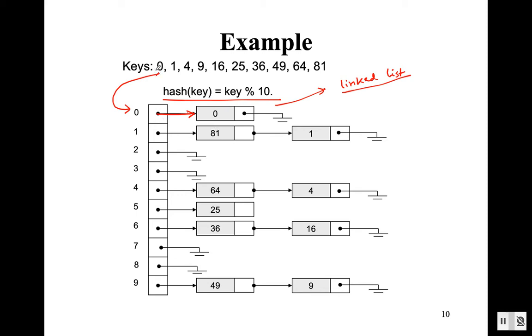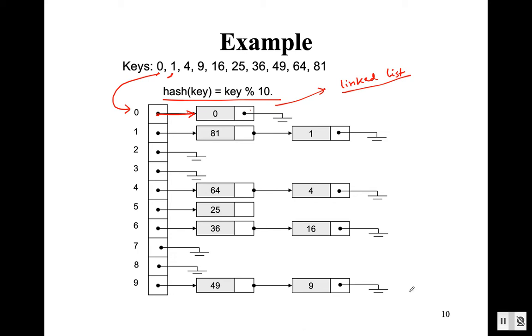When we insert 0, the list will have only one value, 0, and index 0 is going to point to that list. Now insert 1 here.